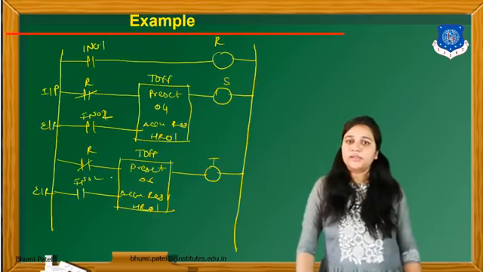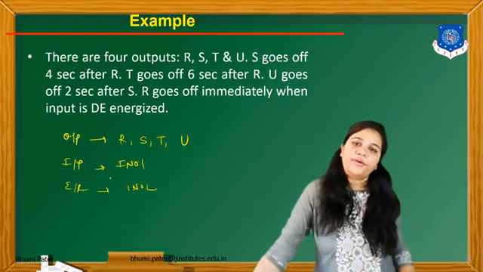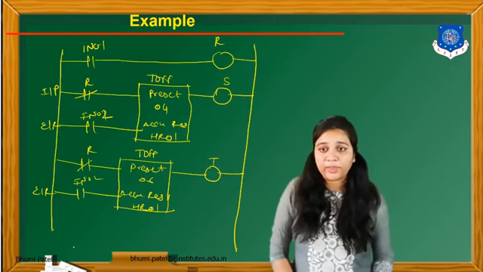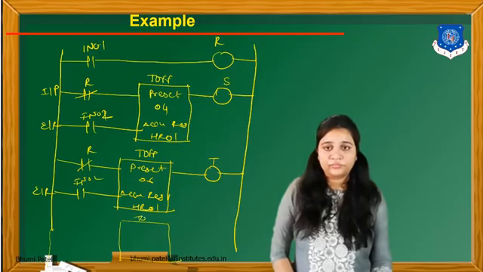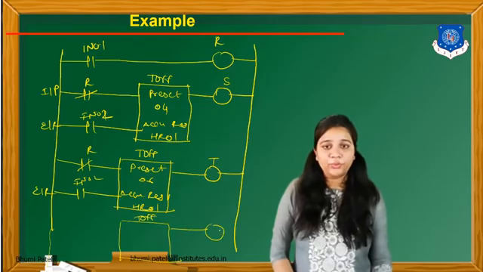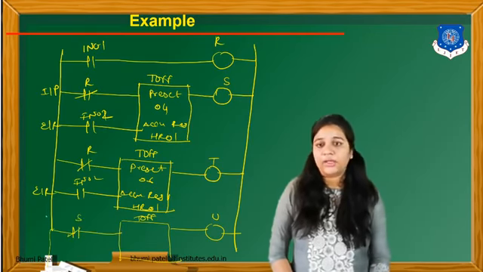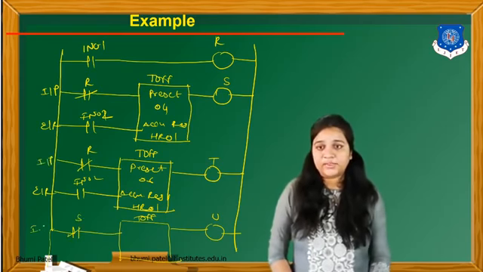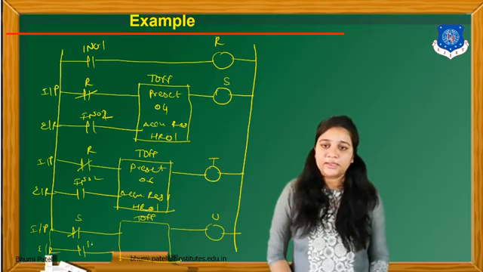Okay, now the third condition is U goes off 2 seconds after S. So what is the input of U? S. U will depend on the S input. Okay, so we can take another T off timer. The output, as you know, is U, and the input for U is S. The second thing is enable or reset, that is IN02.